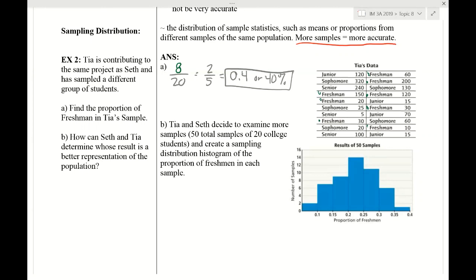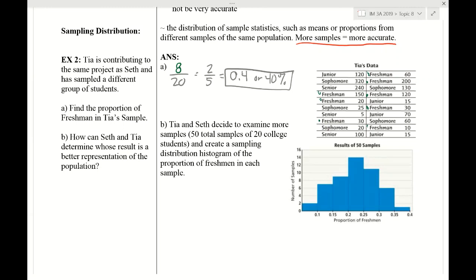So now they have 50 samples, all the same setup where they're talking to 20 students. And then they create a sampling distribution. That means that they calculate the proportion of freshmen in each of the 50 samples, and they use a histogram to represent that data. So they have 50 different proportions, and that's represented in this graph.